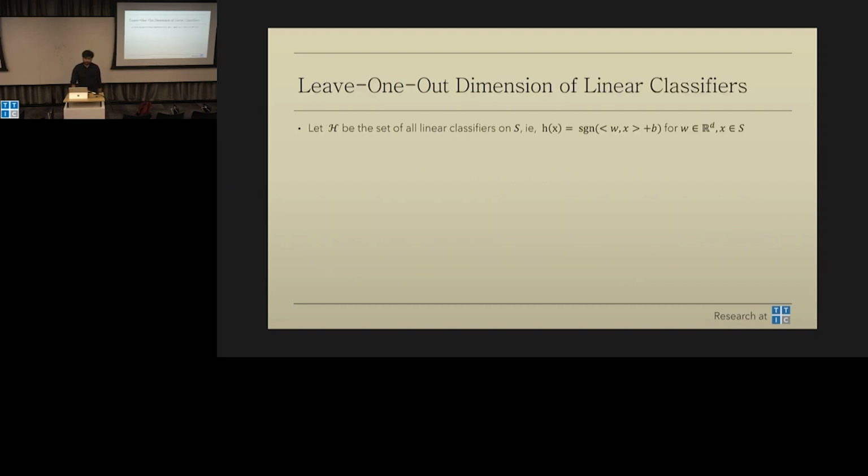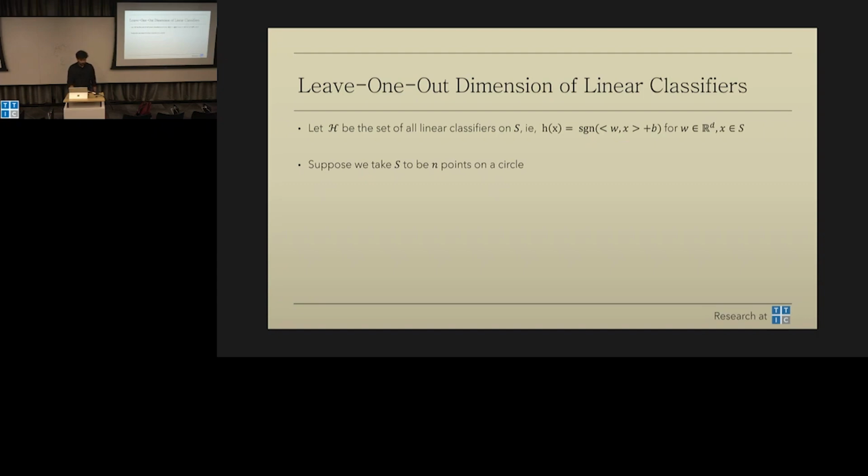And now one can ask, okay, what is the leave one out dimension of linear classifiers? Now that we have a combinatorial measure, we want to understand how it behaves with respect to the most basic classifier family, the set of linear classifiers. Let's say script H is the set of all linear classifiers on your set of documents S, so anything which can be separated by a hyperplane. And as Natty and Evrim both were saying, suppose we take S to be n points on a circle.